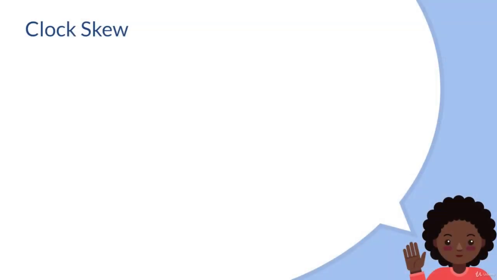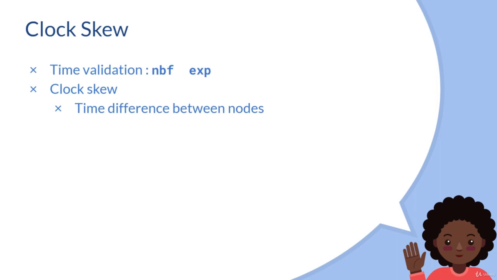In the payload, we have several fields for time validation, not before and expired at. Since we talk about networks, there might be a clock skew, or time difference, from one node to another. This time difference can mean one node's clock is faster or slower than the other.